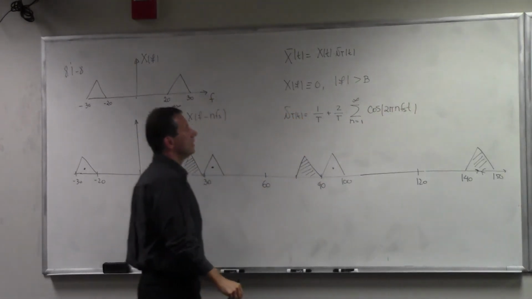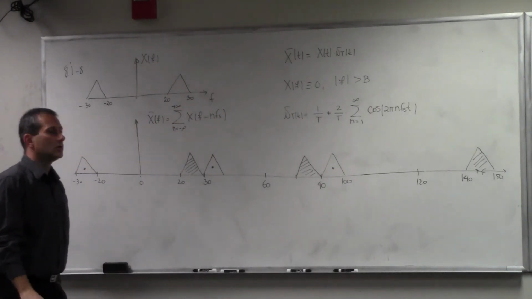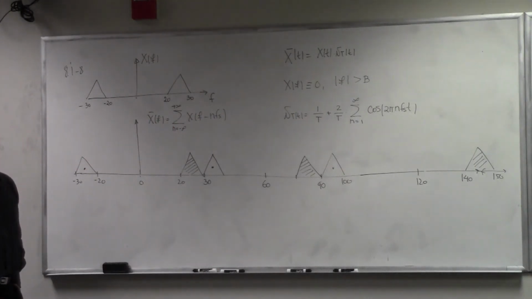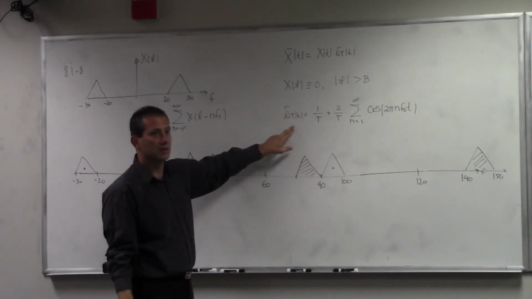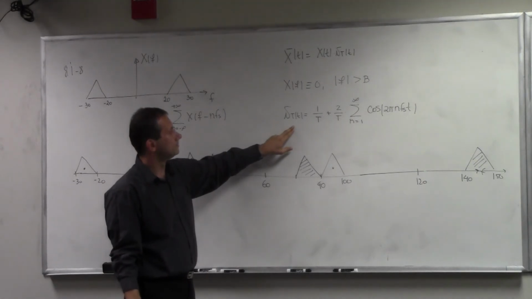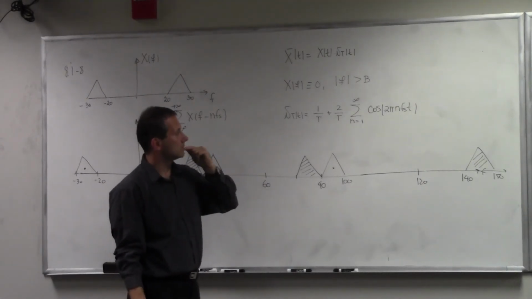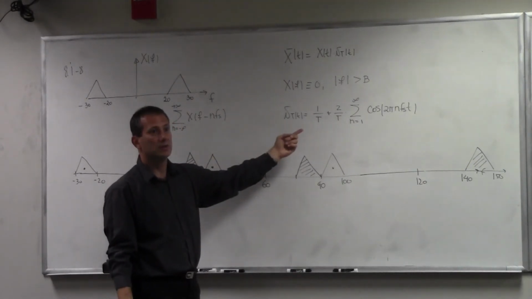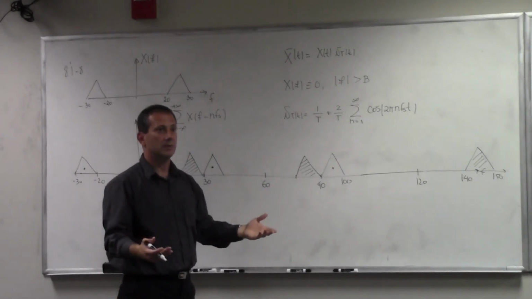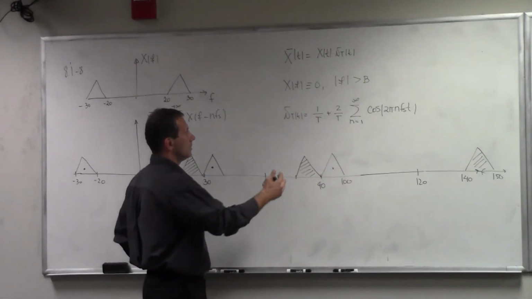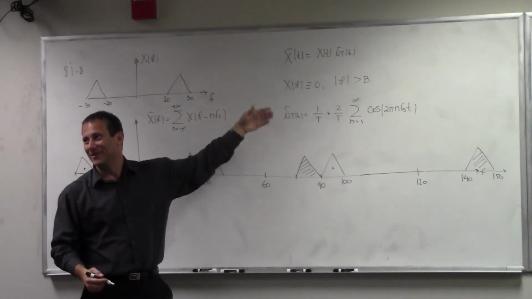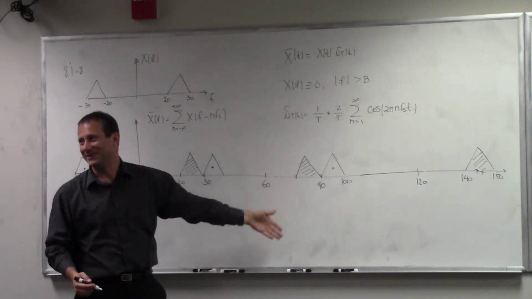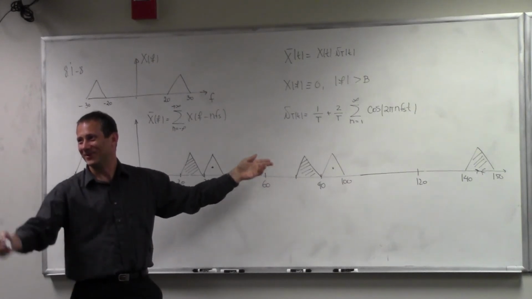So that was my delta T of t. So what is the bandwidth of this guy? Infinite, right? If you take the Fourier transform of this, you end up with a whole bunch of impulses in the frequency domain. And then when you convolve these impulses with the original signal, you get the sampled spectrum, right? That was the original question.